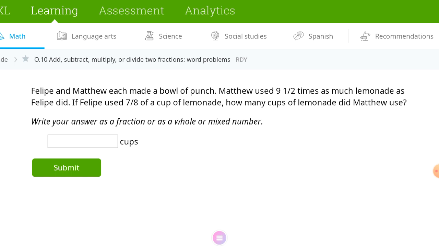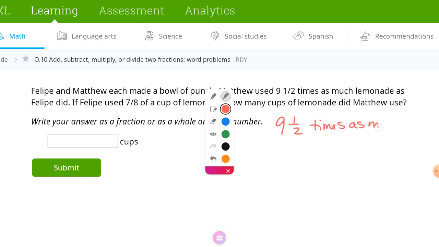For those that are stuck, who can tell me my words? Dane, have you already worked this all the way out? Haley? So 9.5. 9.5 times as much as what?